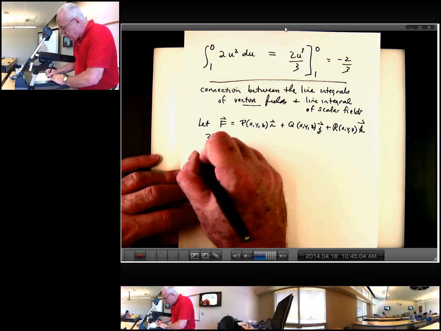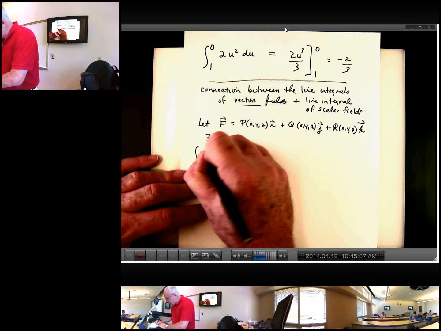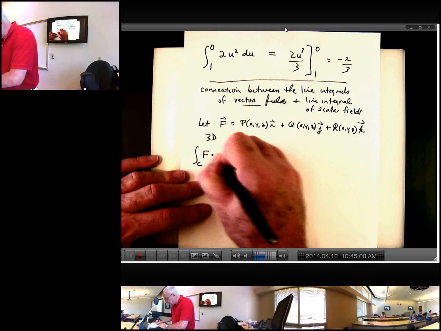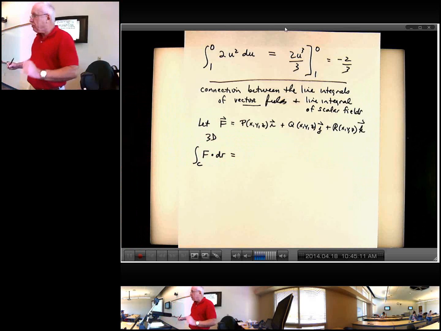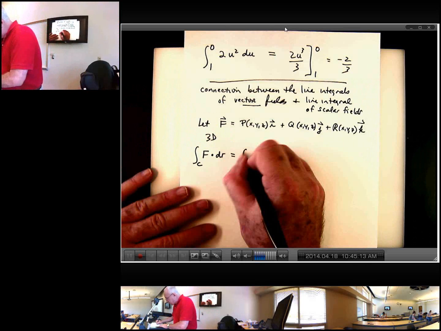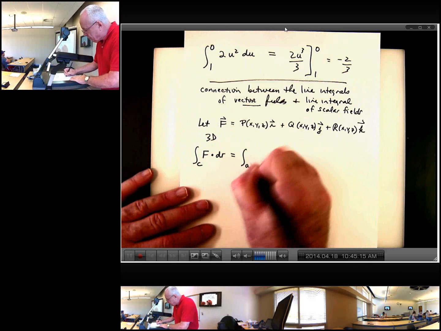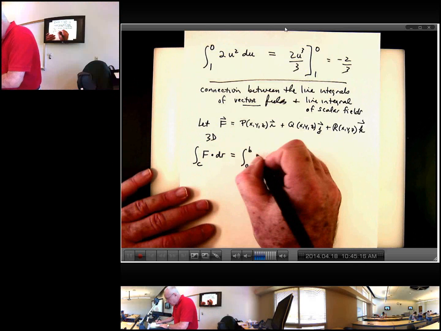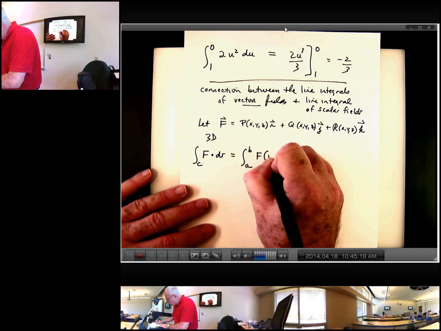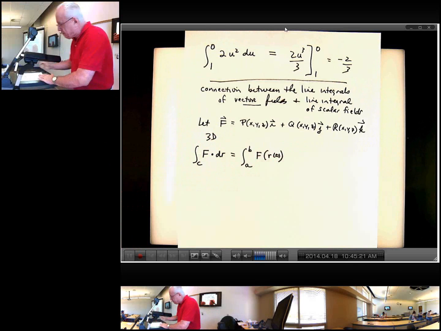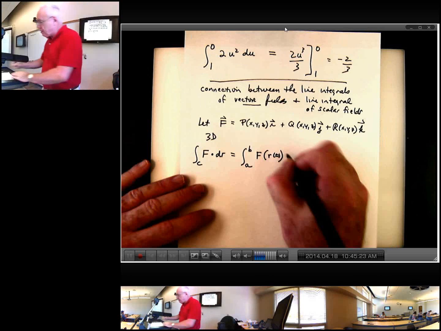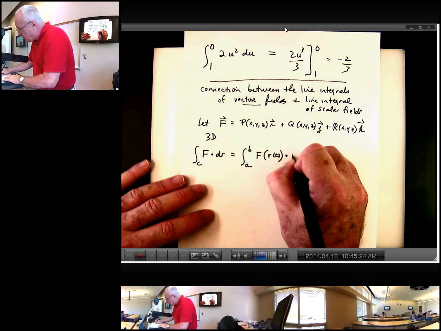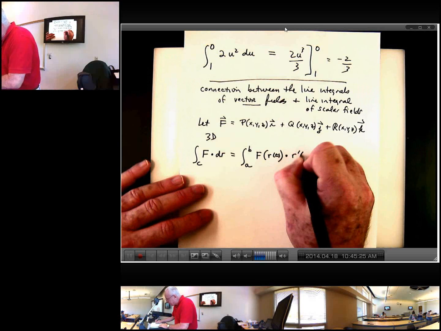And then we saw that the line integral of F dot dr is equal to the integral from a to b of F, where we parameterize our F, so I plug in the r of t there, dot product r prime of t dt.